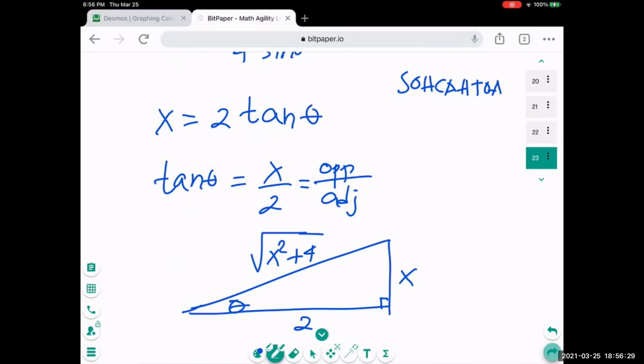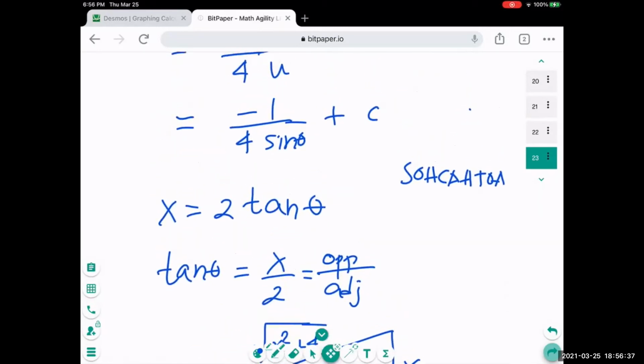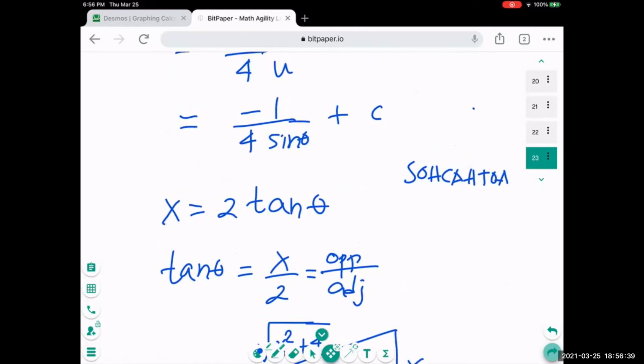Okay. What we're trying to look for is sine, but hold on. We can put negative 1/4, since sine theta is actually 1 over cosecant of theta, so cosecant of theta plus c, right?